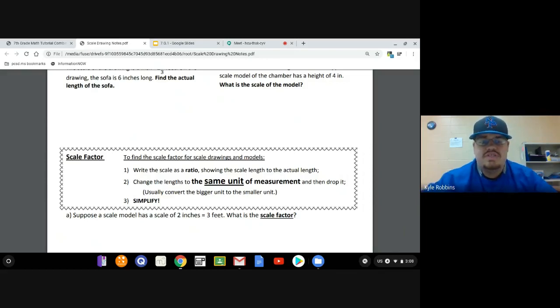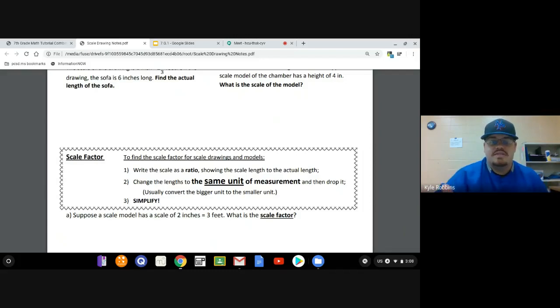Here it says, write the scale as a ratio showing the scale length to the actual length. So scale length to actual length, and in this ratio we're going to use the one from the beginning of the slides that had like 1:2. Next, change the length to the same unit of measurement and then drop it. Usually convert the bigger unit to the smaller unit and then simplify. So there's one way you can do it. You can change them to the same thing.